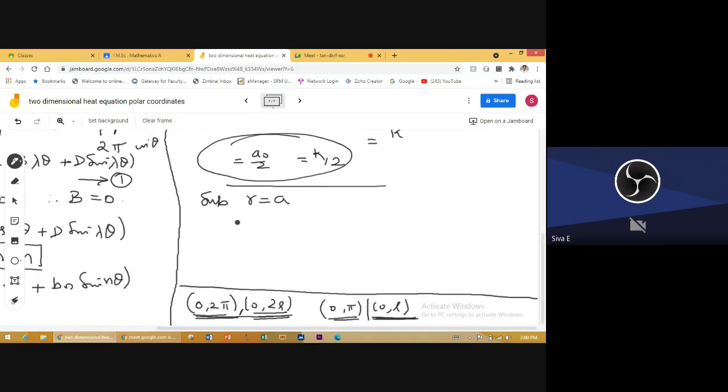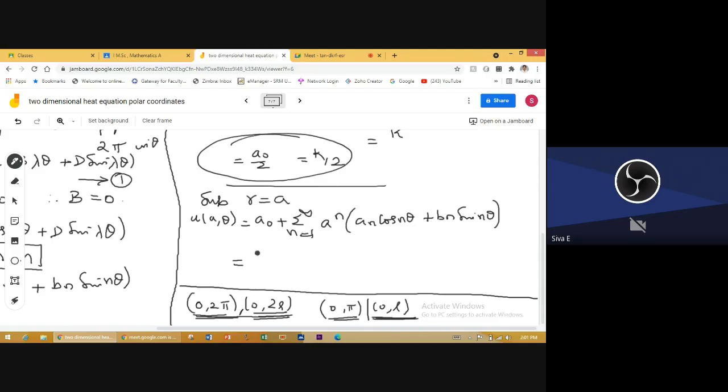we are getting u of a comma theta equal to a naught plus summation of n equal to 1 to infinity a power n, because r power n is there, substituting r equal to a, a power n a n cos n theta plus b n sin n theta.